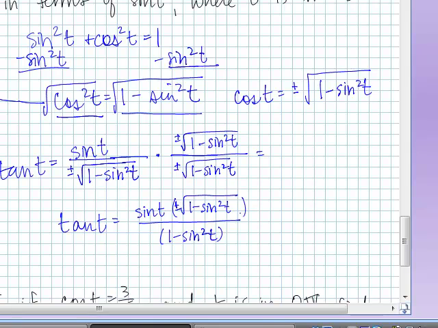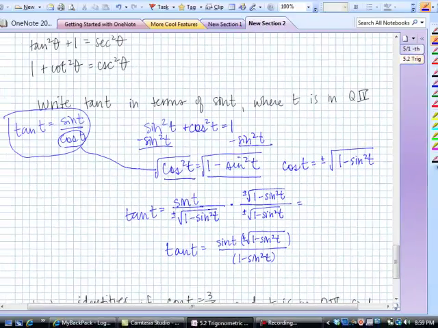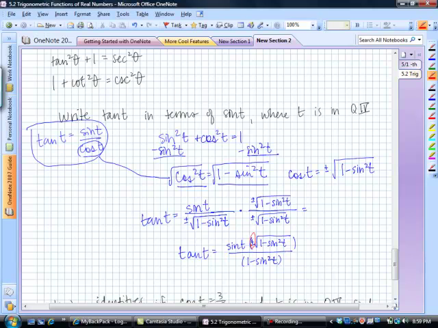Now, we need to figure out whether it is actually plus or minus. The way we do that is, because t is in quadrant 4, let's think about it. In quadrant 4, our signs are going to be positive, negative. And remember, tangent is y over x.